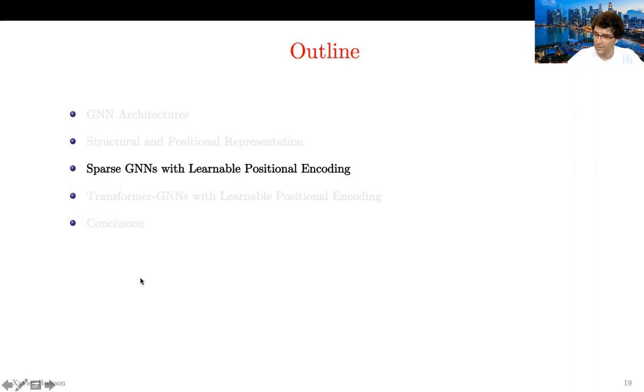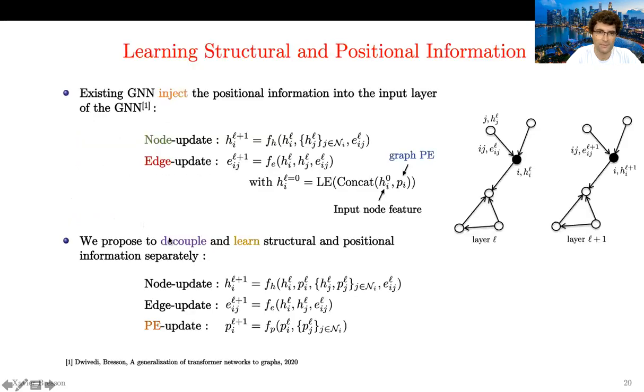All right, so let us now define graph neural networks with learnable positional encoding. Currently, existing GNNs inject the positional information into the input layer of the graph neural network, much like for the Transformer. So you have the node update equation and the edge update equation because you have a graph, and the input is a linear embedding of the concatenation between the input node feature, like the atom type for molecules, and the graph positional encoding.